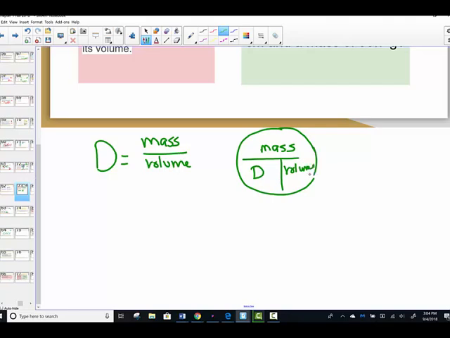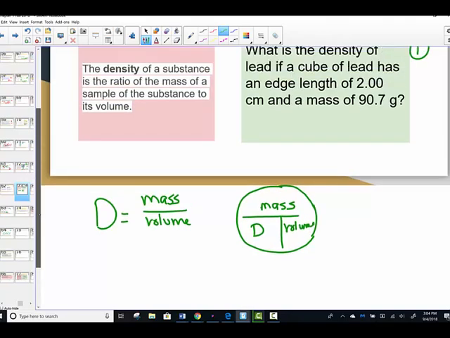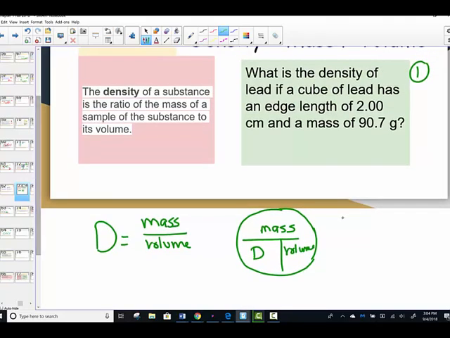And I'm going to read that story problem again. I have a cube of lead. All sides are the same length in a cube. By definition, if it has a width of 2 centimeters, it has a length of 2 centimeters and a height of 2 centimeters. The volume of this regularly shaped object is length times width times height, 2 cubed.